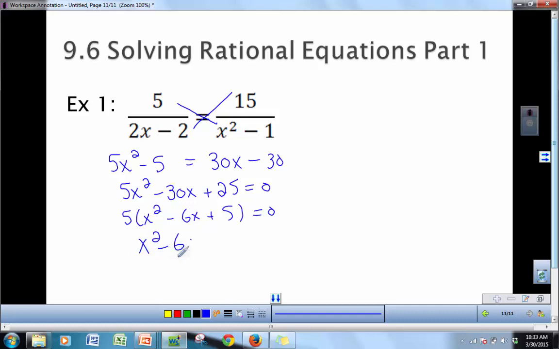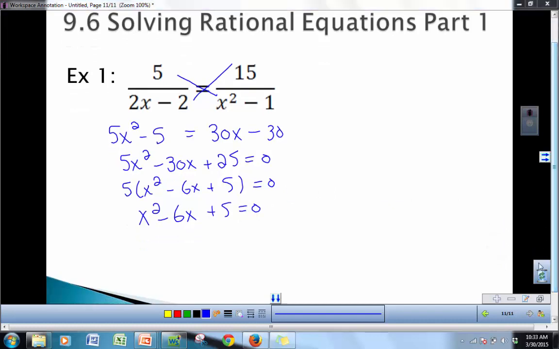And now we have a very easy quadratic to work with, one that is actually factorable. So we can factor this out to be x subtract 5, x subtract 1, and that will give us two answers, one of 5, and the other answer is 1.